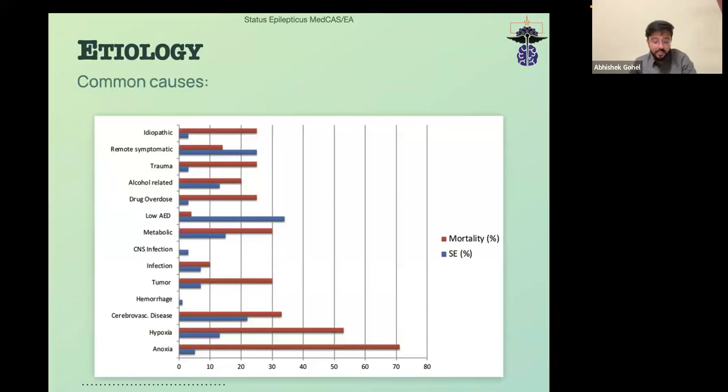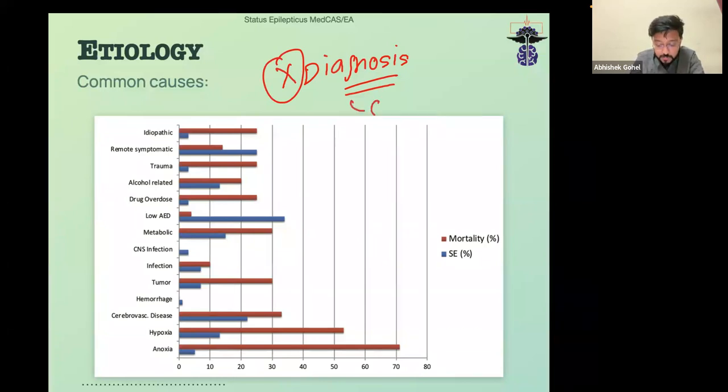These are the common causes of status epilepticus, meaning to say that status is not a diagnosis on its own merit. It has a cause. Just like you should not stop at diagnosing a cough, you need to go into the depths of it, that the cause is because of so and so illness.